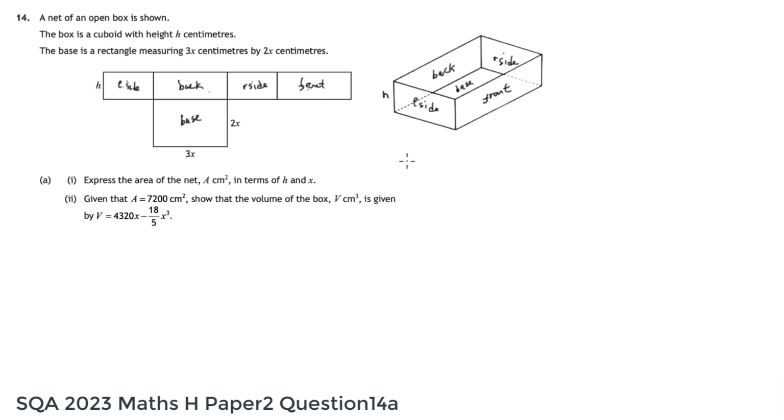So that's the front, and the dimensions were given. The height is h, the base has length 3x, and this breadth is 2x. So there's the 3 dimensions of that box. So to find the area of that net, we'll add up all the various parts.